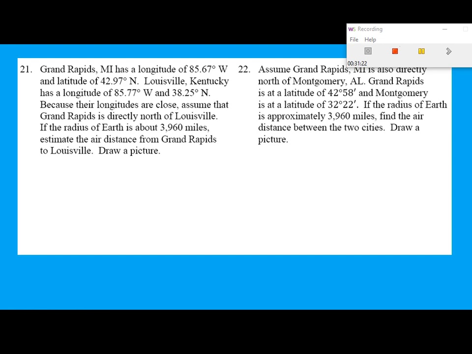Well, guys, to hit these, here's how we do this. Notice that the longitudes are really, really close. 85.67 and 85.77. We're going to toss those. They're not going to throw our problem off very much. When we hit these problems, here's how we're going to attack this. I'm going to think about a grid here for you, where here's my North Pole, and here's the equator.